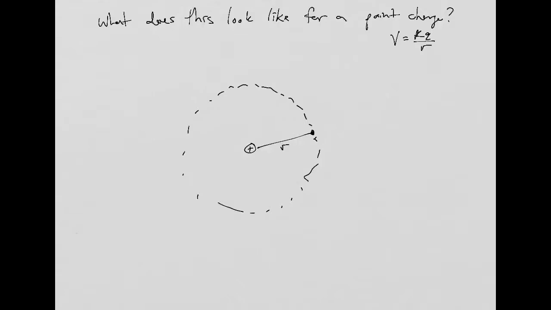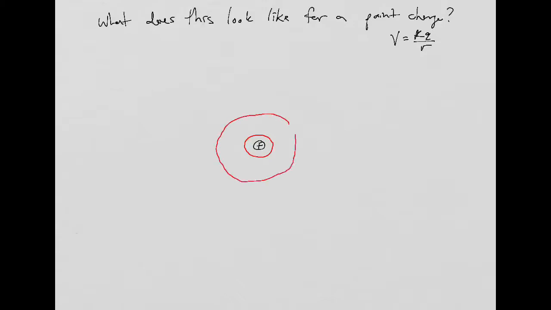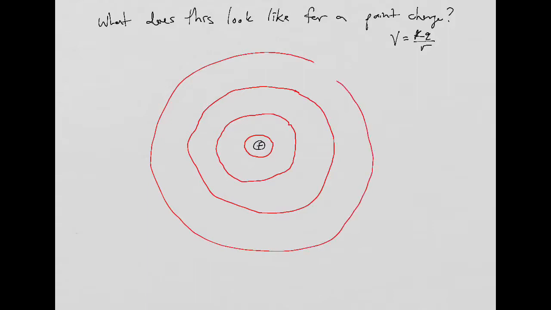Okay, so our lines of equal potential form circles around our point charge. So they look something like this. Try to be careful here. And these should be perfect circles, but I can't draw. All right, those are equipotential lines.